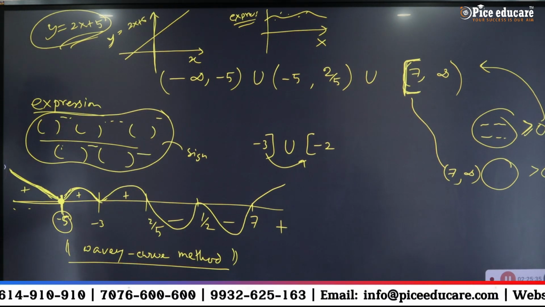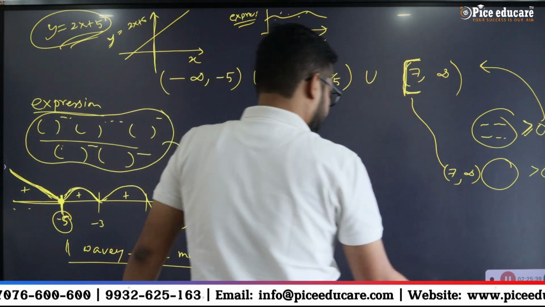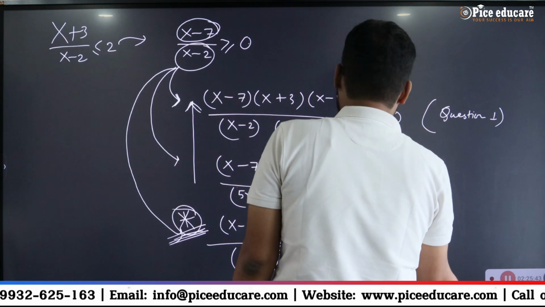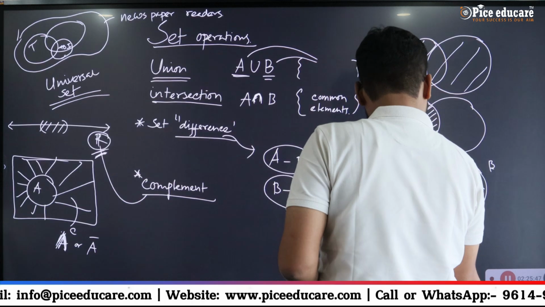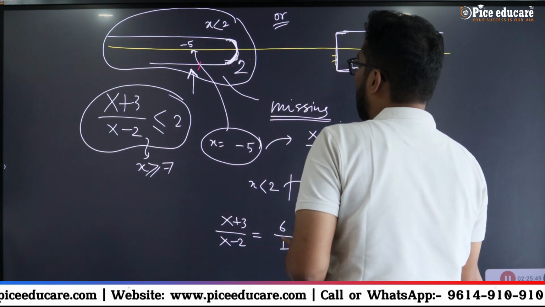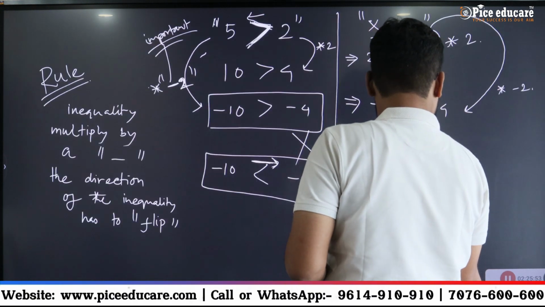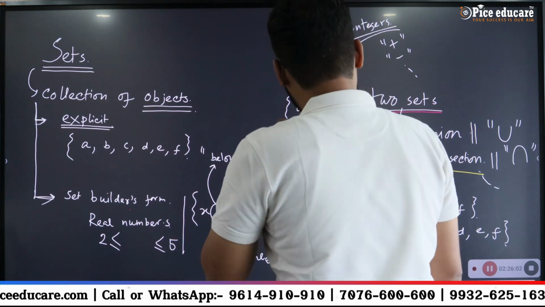So to find this wave like curve, we did all this hard work. And our discussion started from what is a set, and from there onwards it slowly came to this point. This is the idea.